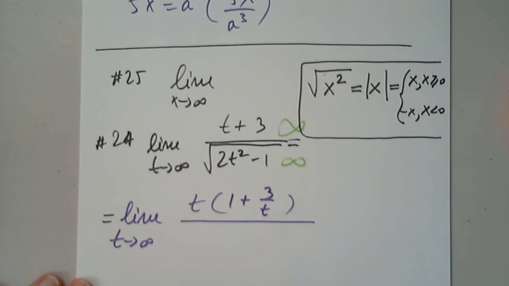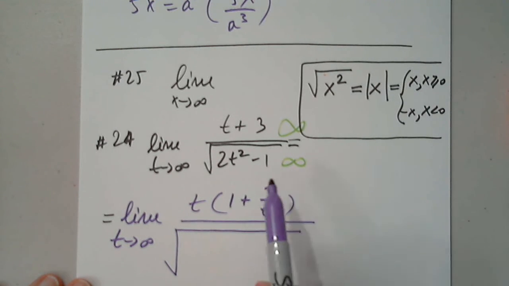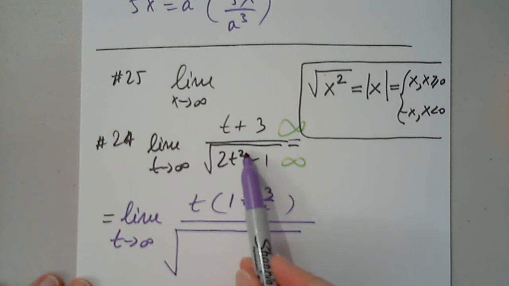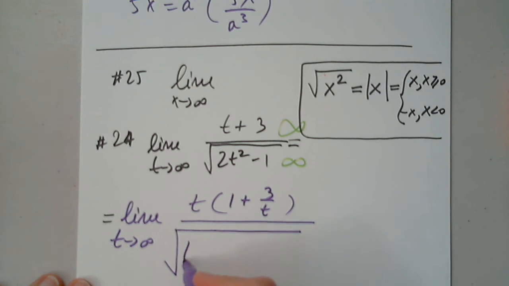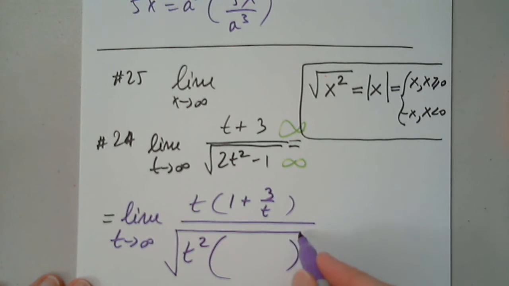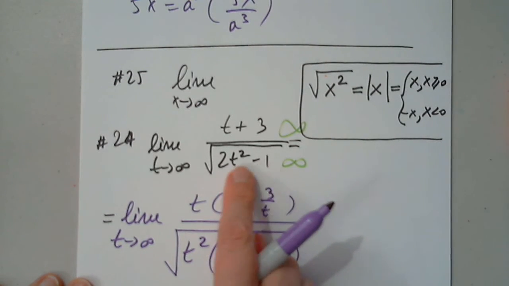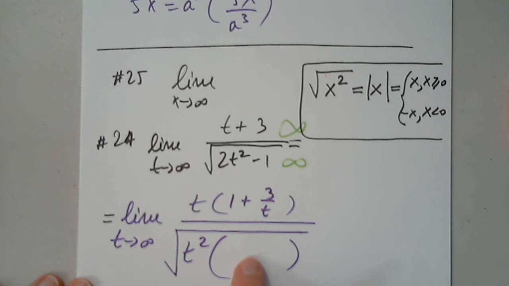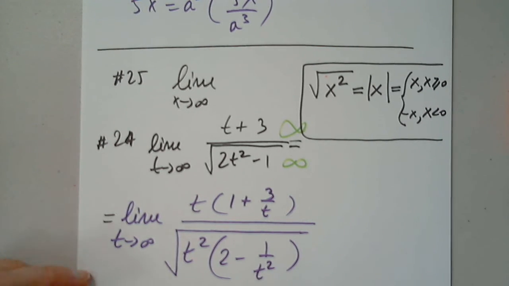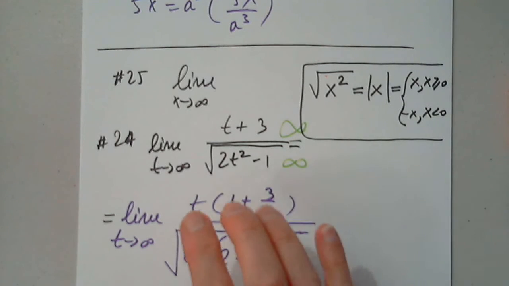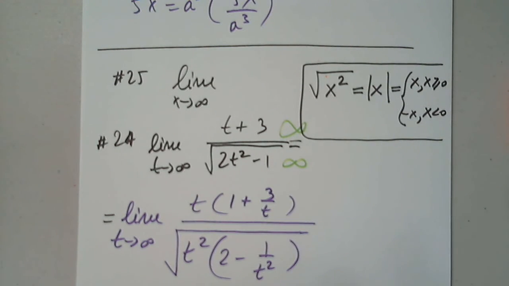Can anyone tell us what is the degree under the square root? 2. Good. So we factor out t squared. What do I have left here? 2 minus 1 over t squared. Brilliant. Very good. Don't touch the numerator, but we have to do something here.